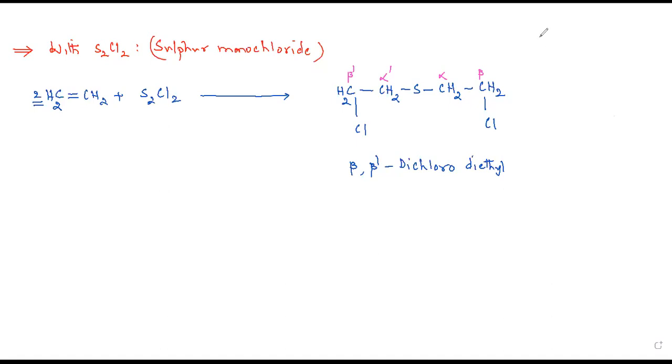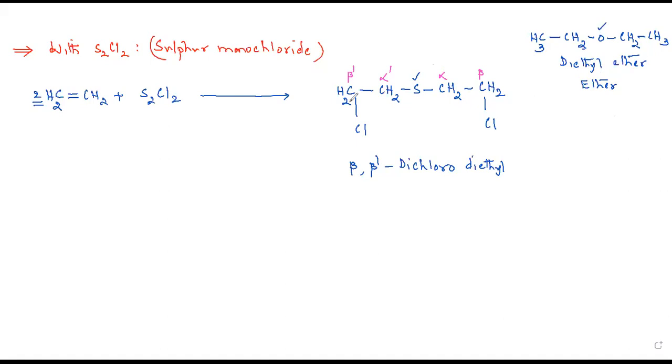See, as such, this is what we call diethyl ether or simply ether. But the difference that we have here is oxygen is being replaced by sulfur.